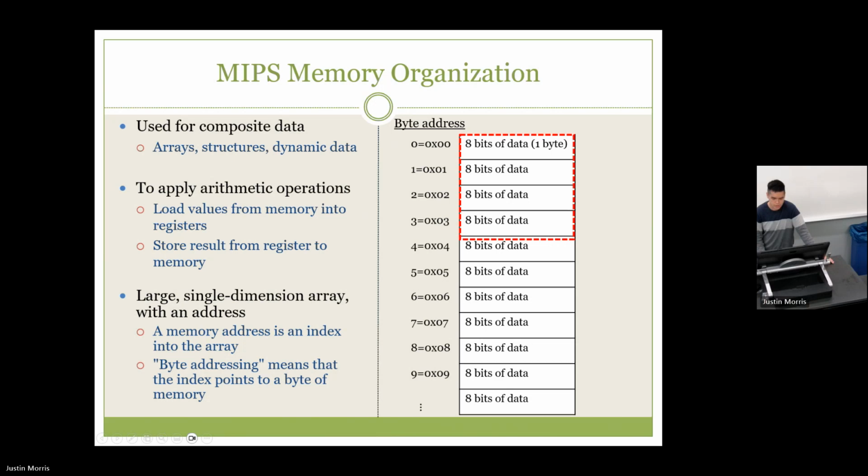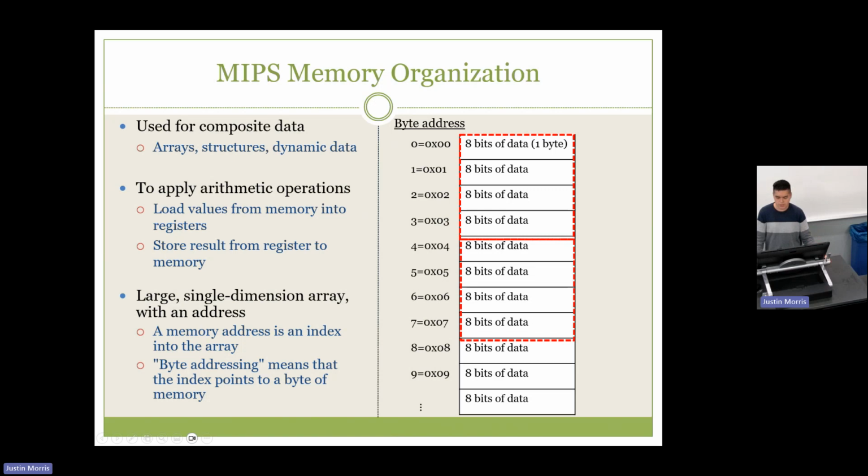And if we're talking about words, a word is 4 bytes of data, right? And most of the time, even though our memory is byte addressable, we will be loading by or trying to access by words. So you'll see that we increment by 4 a lot of the time.